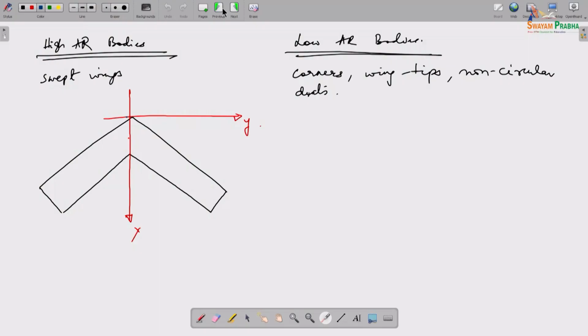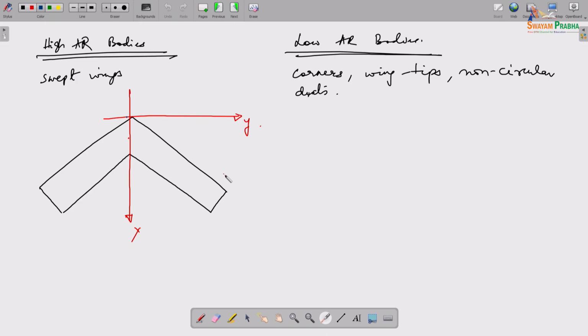These are swept wings, right, and so we have to classify this, and immediately what we have is low aspect ratio bodies. Now for these, however, this is not applicable. If you move along x and y, there will be a non-infinitesimal change in the gradients, right.